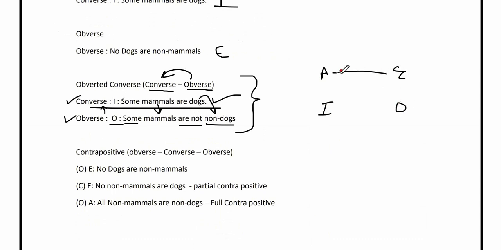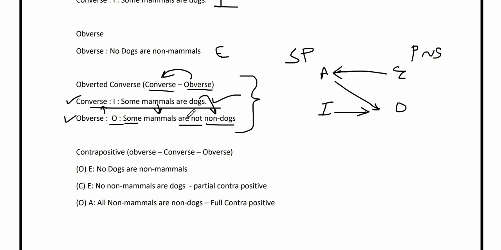It starts with E becomes A becomes O, I becomes O. This is the technique. Then the original is S P. In the conversion it will become P non-S. That is all you need to remember.